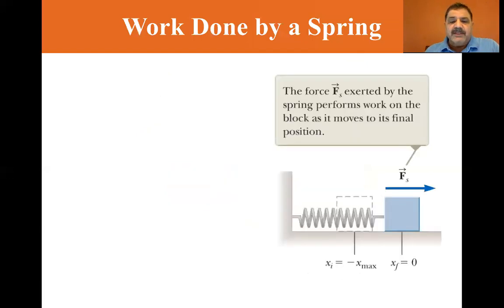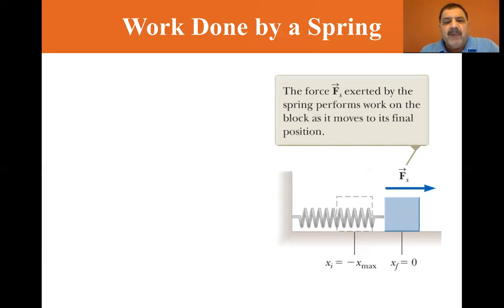Now, the work done by a spring: if the block is pushed to the left to position minus x max and then released, we calculate the work done by the spring force on the block as the block moves from x initial of minus x max to x final of 0.